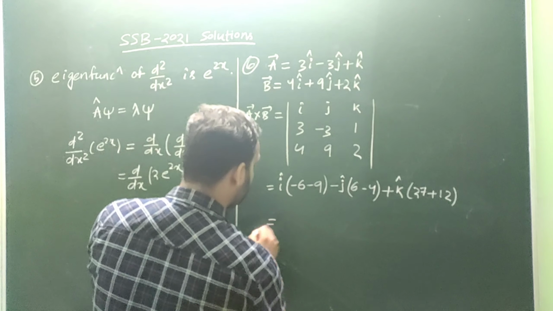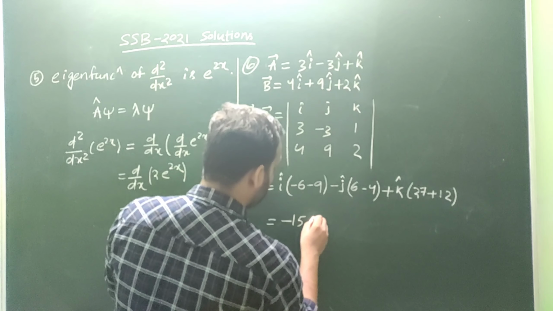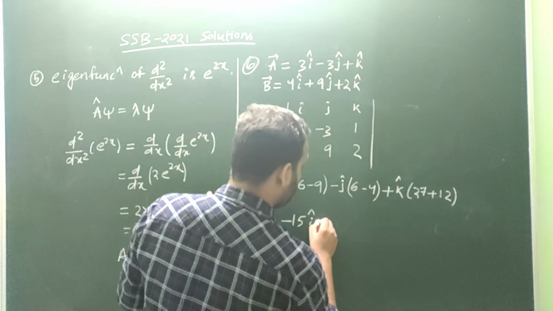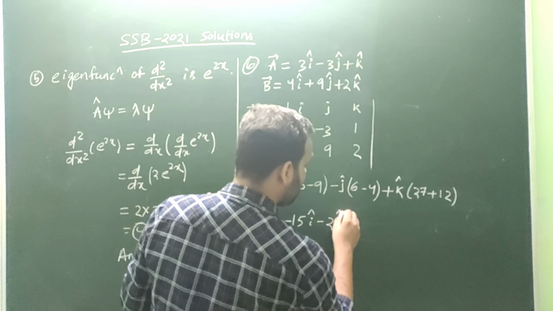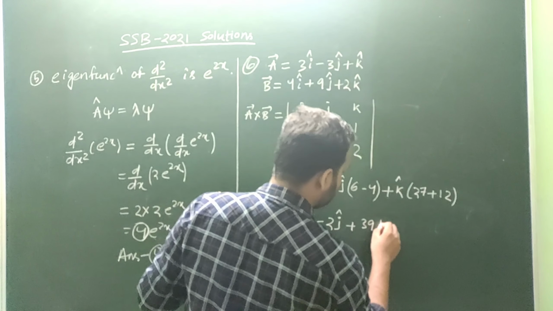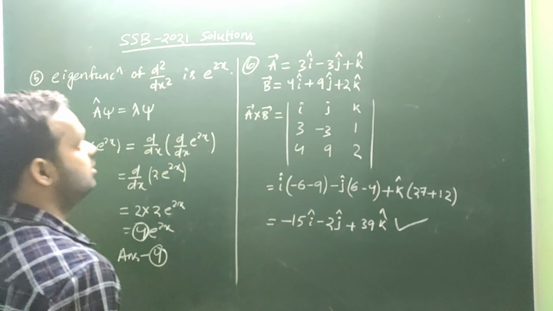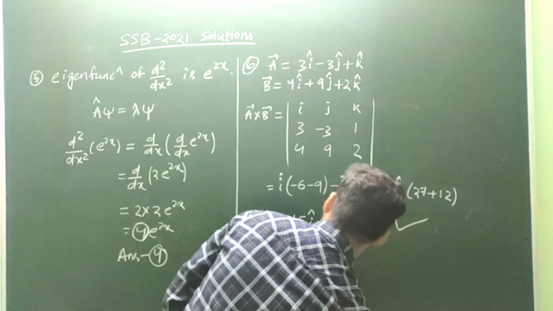So finally you will get the answer minus 15 i cap minus 2 j cap plus 39 k cap. This is the answer. Right?